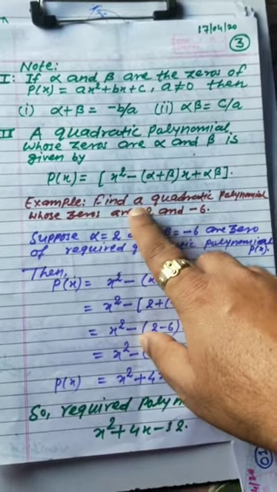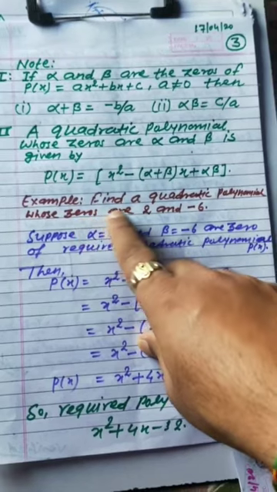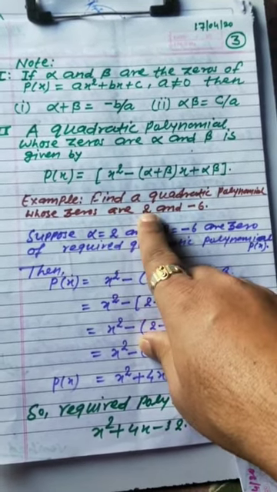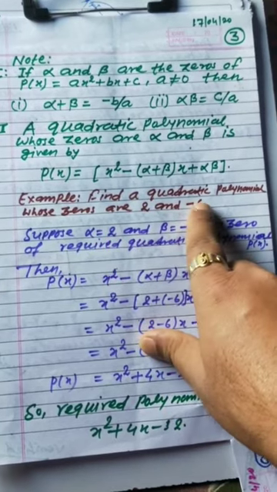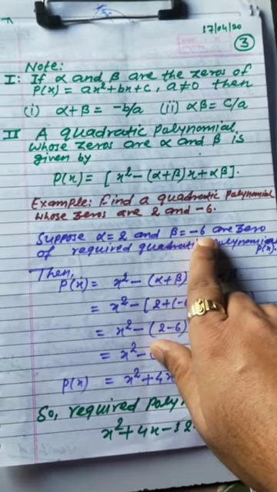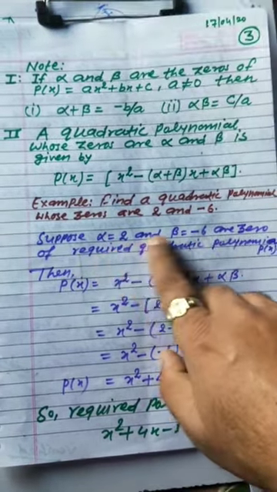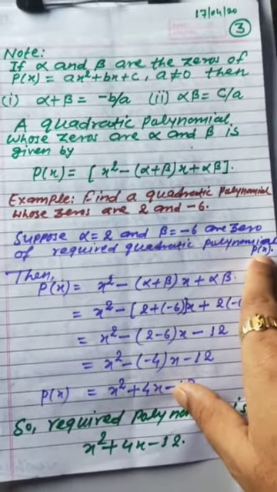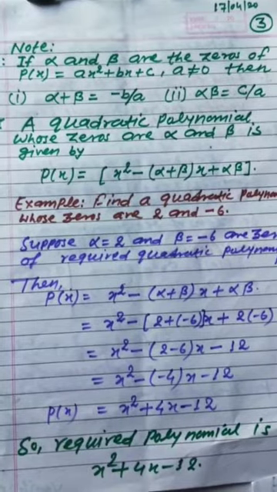This is the example. Find a quadratic polynomial whose zeros are 2 and minus 6. So suppose alpha is equal to 2 and beta is equal to minus 6 are the zeros of the required quadratic polynomial Px.